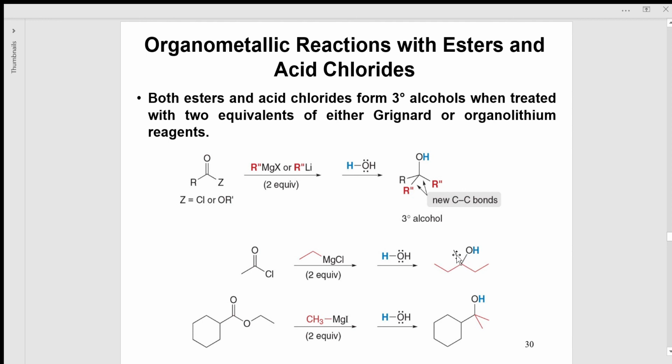These two carbons, this carbon and this carbon, actually come from this acid chloride. For the esters, it's a similar thing. This part serves as the leaving group, two organo parts, methyl, are added, and the alcohol is formed.